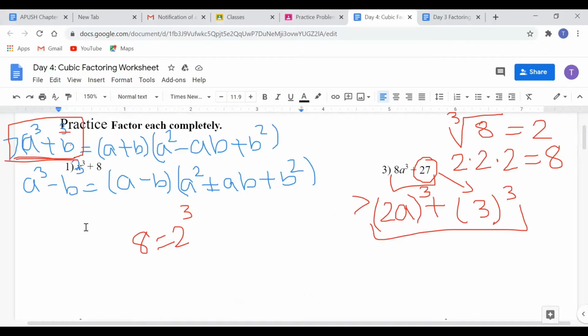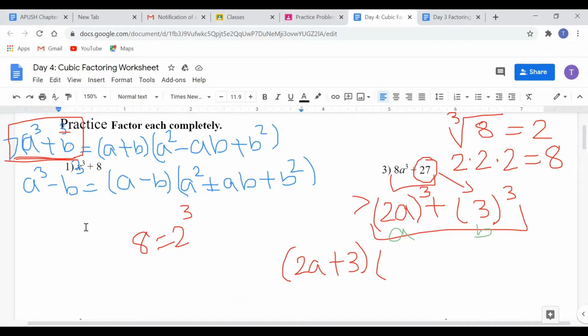Well, this is my A right here, and this is my B right here, okay? So we have to do A plus B, and then A squared, right?